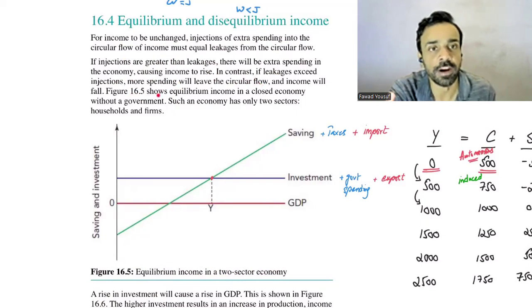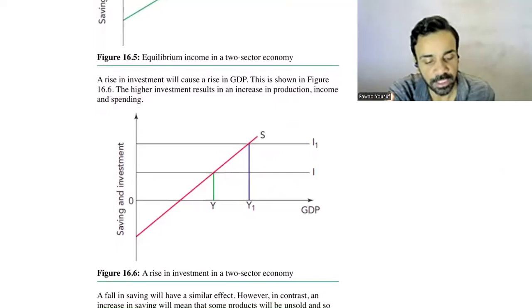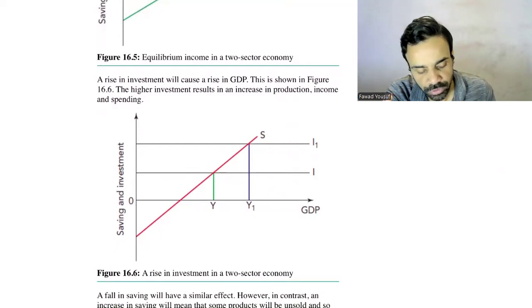Figure 16.5 shows equilibrium income in a closed economy, but it's not mentioning कि ये circular flow of income का diagram है. In the next one, what are they showing? Economy is at equilibrium, savings or investments, two sector hai. If investment increases, what happens? Your new equilibrium, because there's more injection coming in than withdrawal, your economy reaches a higher level of potential.